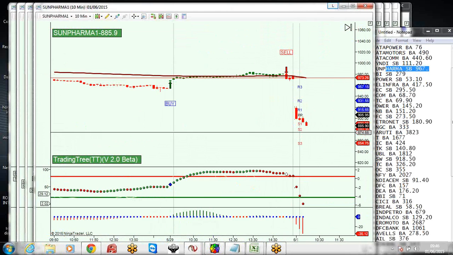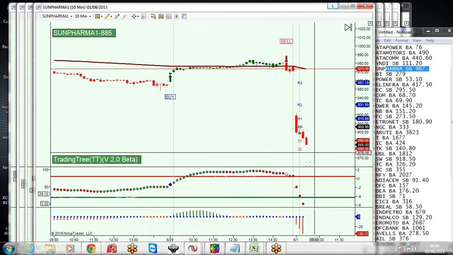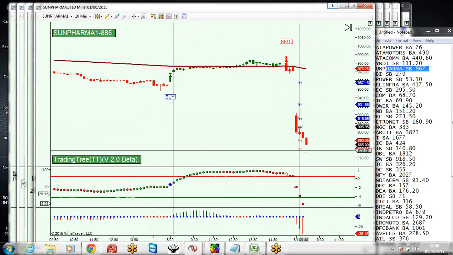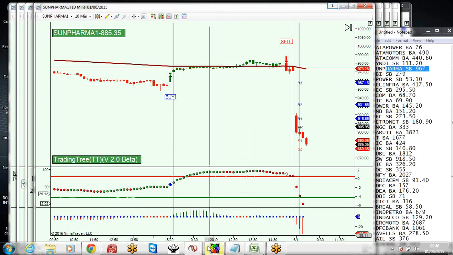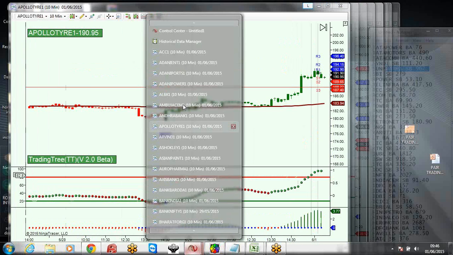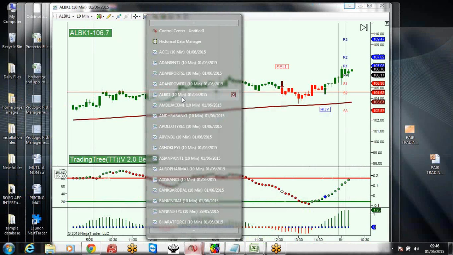So your S1 is also done, and your next level will be 880 for Sun Pharma. Yeah, you can get two calls in a single day also. I think we had that even last Friday.